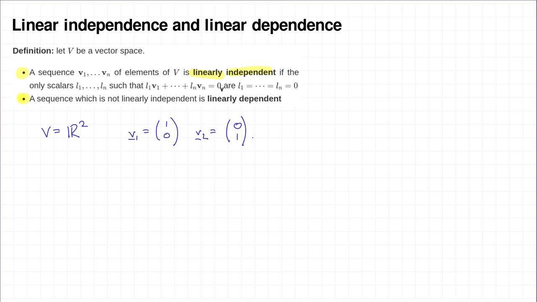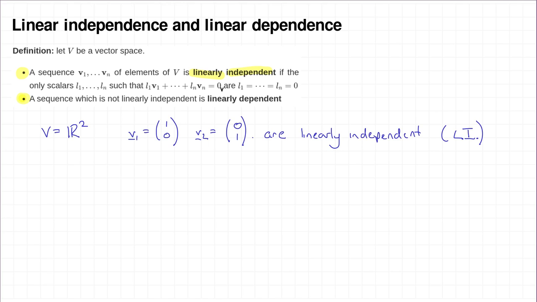These vectors are linearly independent. I will often write LI as short for linearly independent. Checking linear independence, which we're about to do for these two vectors, is easy.